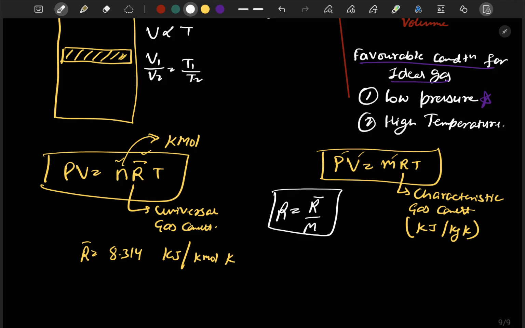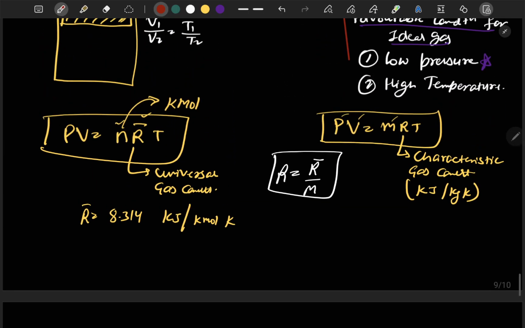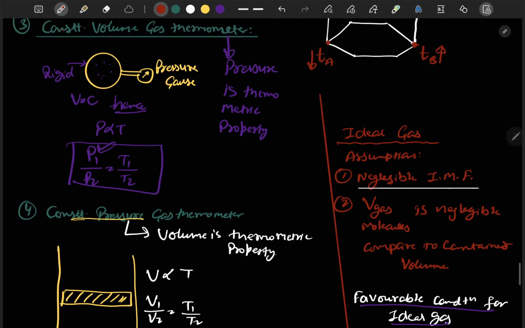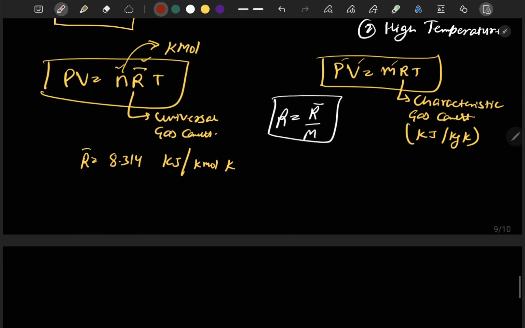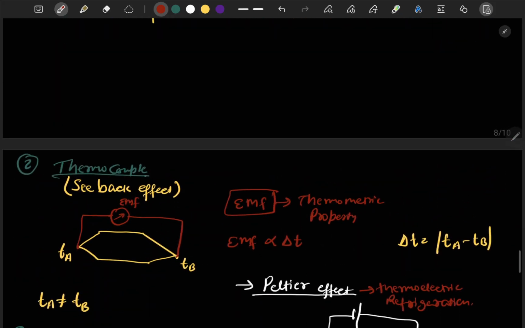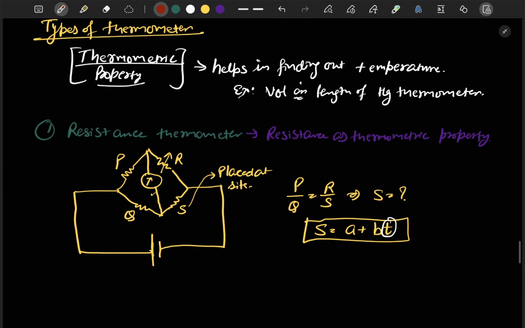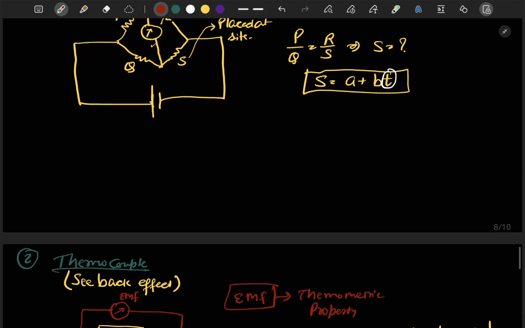One thing you must remember is that ideal gas thermometers are independent of the material of construction. For a constant volume gas thermometer, the thermometric property is pressure, and for a constant pressure gas thermometer, the thermometric property is volume. So it is independent of the material, unlike thermocouples, where EMF is generated on the basis of the material, and in a resistance thermometer, where the resistance depends on the material of the resistance.